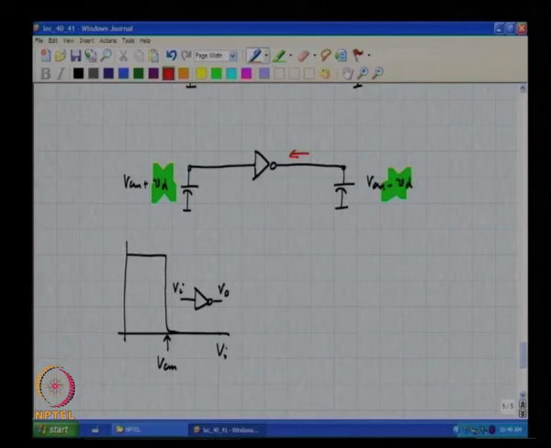It would be 0 by definition, correct. Now, if Vd was positive, what will happen? How much current will flow here? Gm times Vd. Does it make sense? Okay. Now, what else should I do? Is that the whole story? I need to do something else.